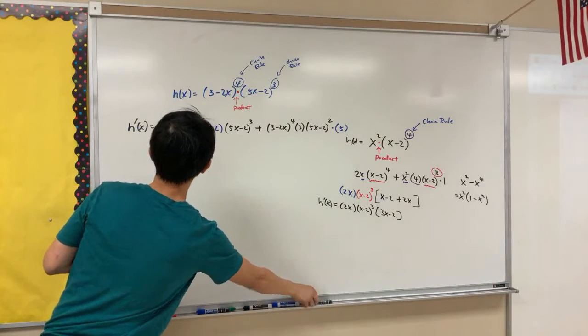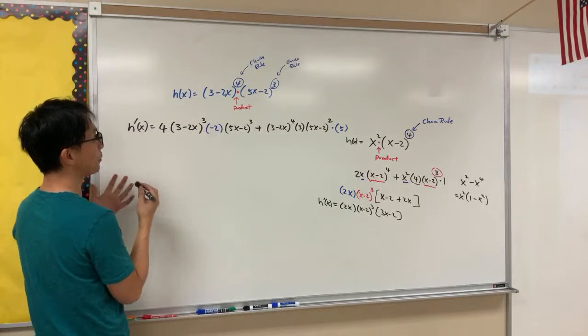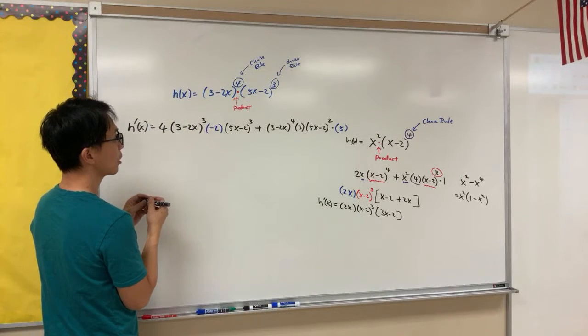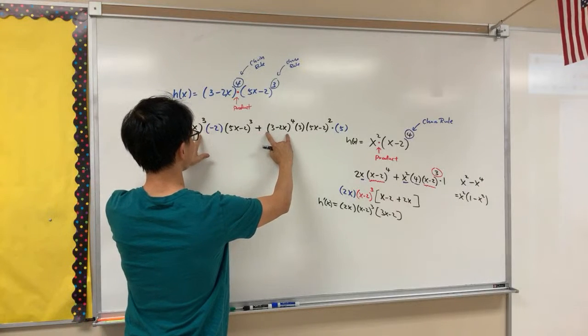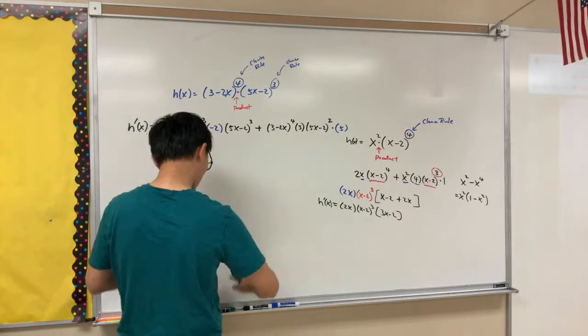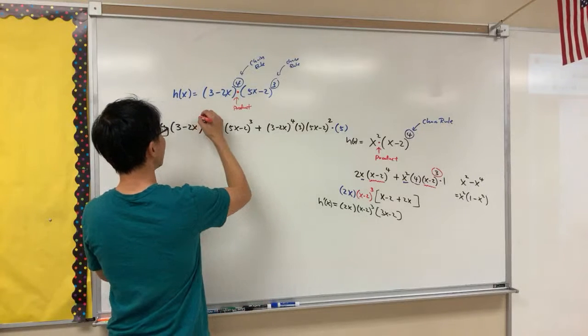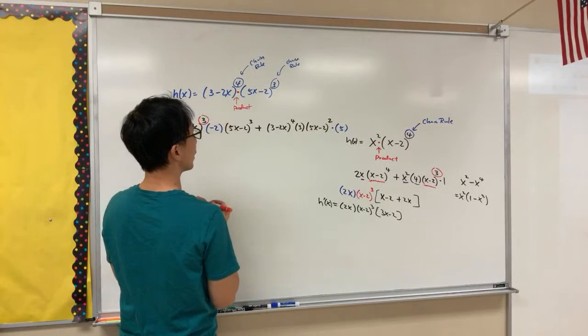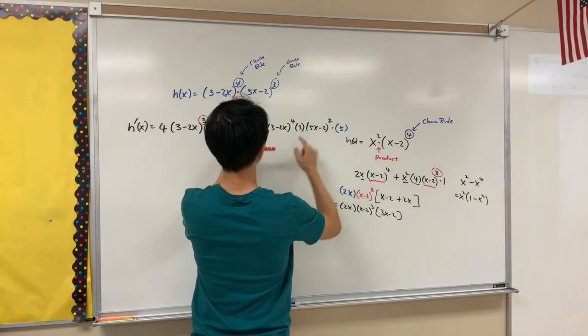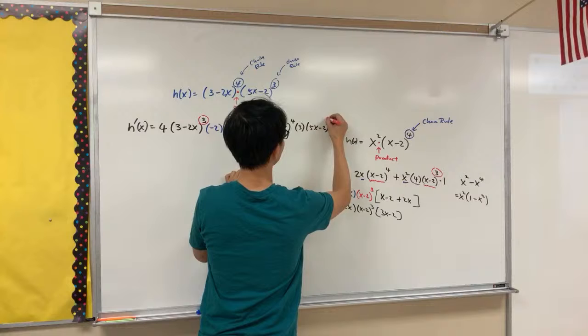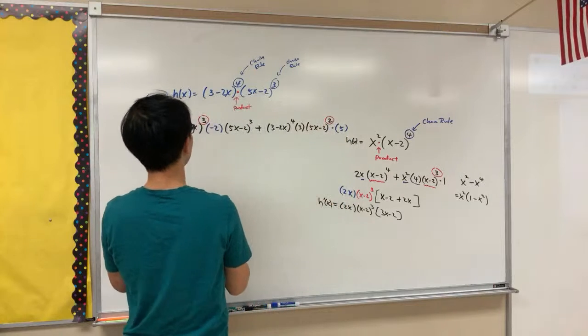So now I can simplify this, but I'm going to factor out the most negative. Which one is the most negative if you compare 3 minus 2x? 3, right? So we're going to take out this 3 right here. What else do we need to take out? 5x minus 2, that's going to be 2, right? So I'm going to take that out.